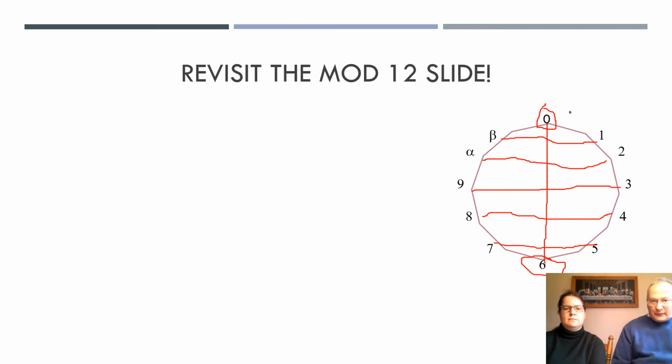And if you notice too, if you add the corresponding numbers, let's put 11 in for beta and 10 in for alpha, the total of each inversion set is the same number. And how does that compare to the mod that we're using?